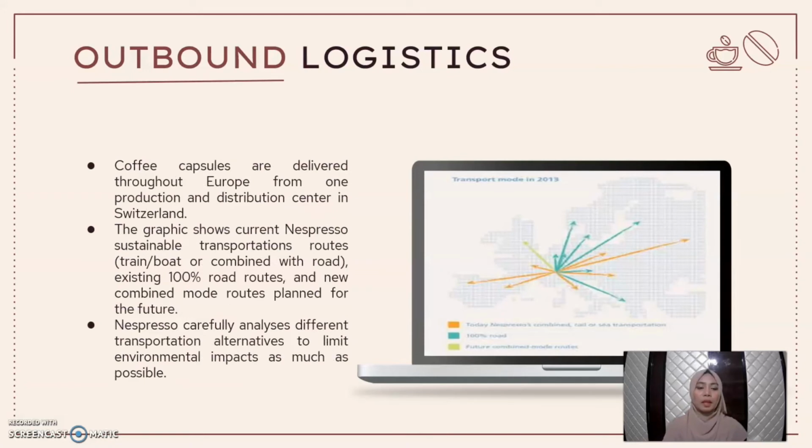Outbound logistics. The company collects, stores, and distributes the product or services to buyers. Coffee capsules are delivered throughout Europe from one production and distribution center in Switzerland. The graphic shows current Nespresso sustainable transportation routes: train, boat, or combined with road.